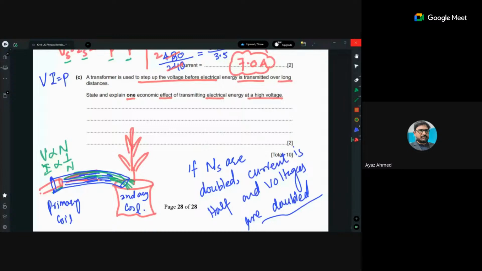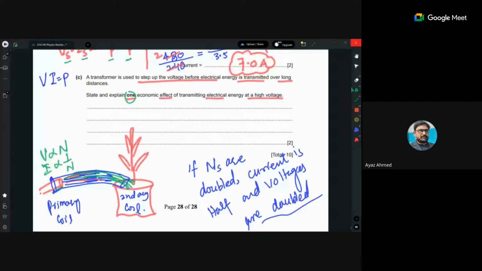Yes, we were talking about this question related to high voltage transmission lines: state an atomic effect of transferring electrical energy at high voltages.